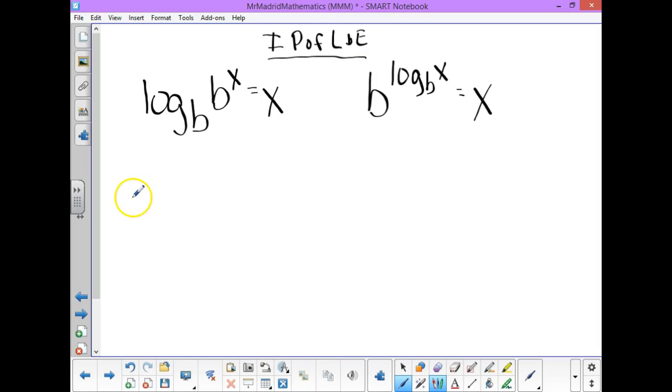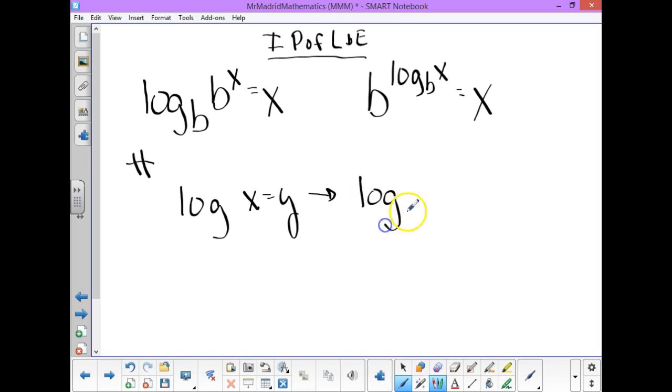Now, something else that's a review that we really haven't highlighted is the concept of the common logarithm. If I've got log of x equals y, there's an invisible base, or at least it's not visible, so it's implied that it's base 10, and we did talk about that.